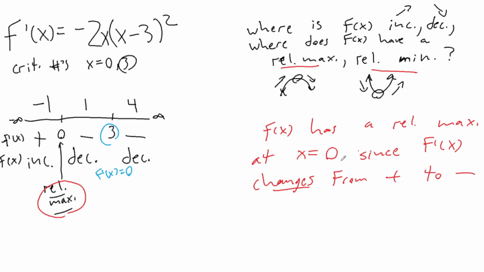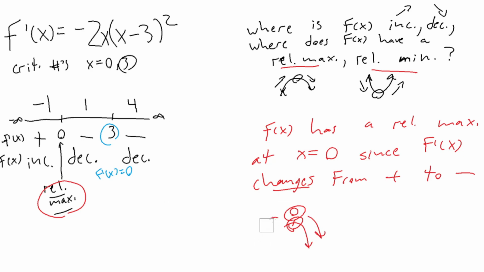So we're saying f of x has a relative max because, just pretend that that's the graph of this. f of x has a relative max at x equals 0, since f prime of x, or the slope of the tangent lines of f of x, changes from positive to negative. So there's a relative max at x equals 0.